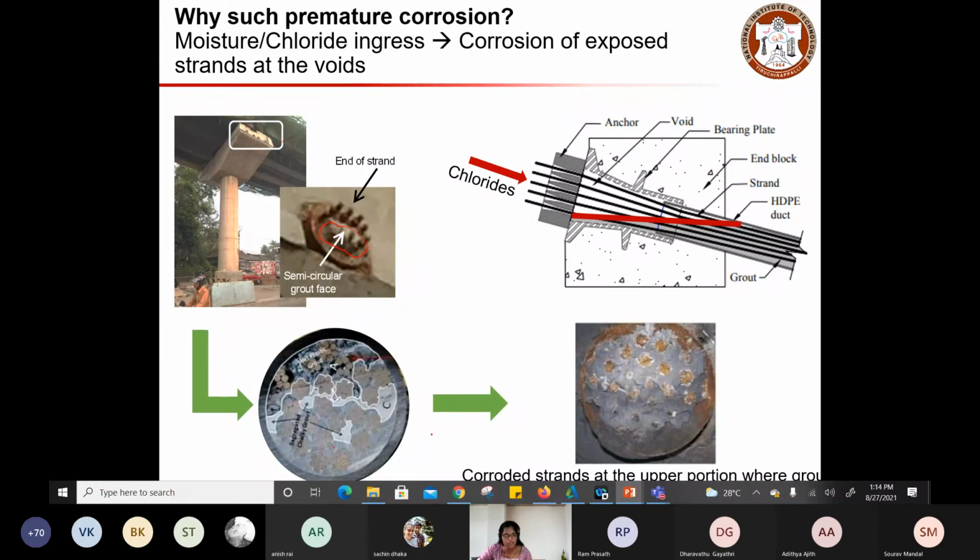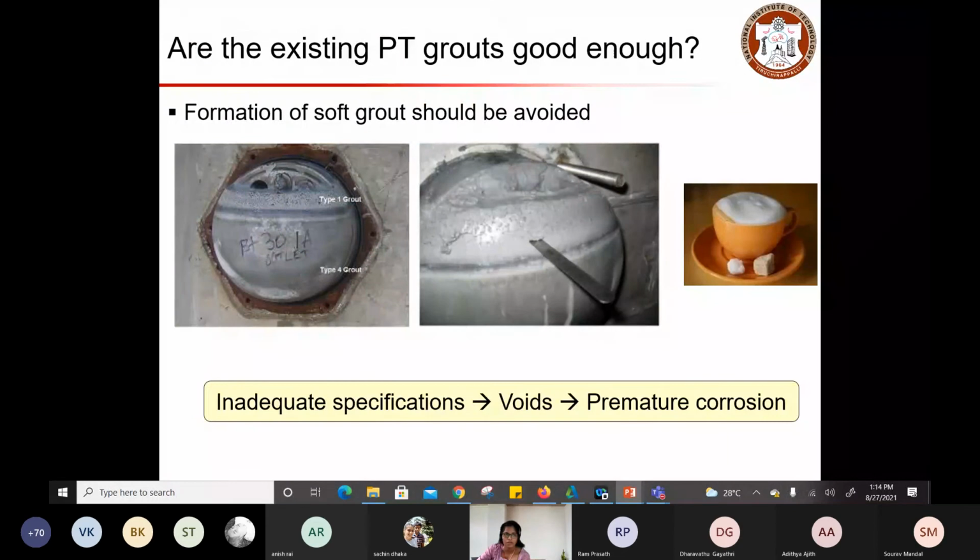This entire region is left uncovered. And if you look at the top portion of this image closely, you can see corroded strands in the upper portion where grouting is not done properly.